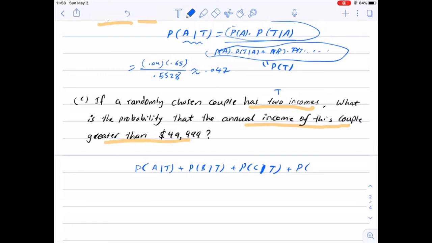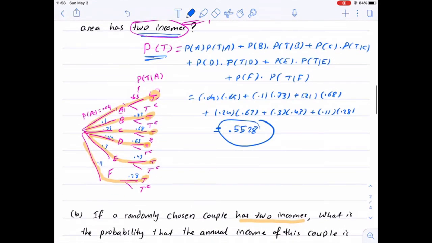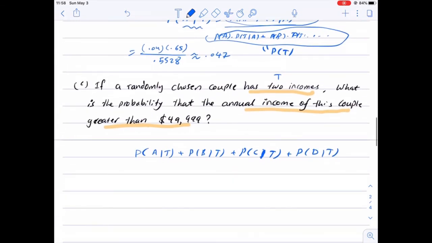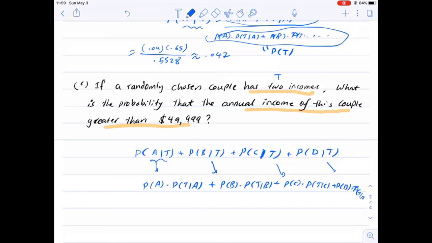Then we add probability of D given T. So those are the probabilities that we need to compute, and then we know that this is probability of A times, reversing the order, T given A, plus probability of B times probability of T given B, plus probability of C times probability of T given C, plus probability of D times probability of T given D.